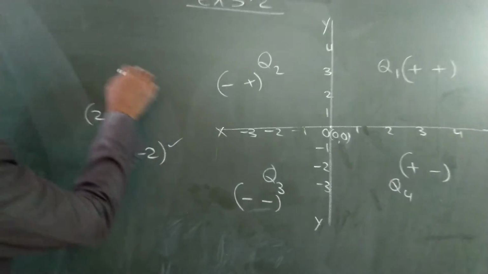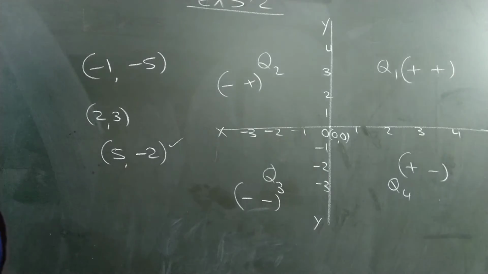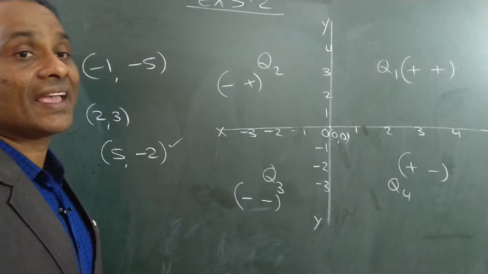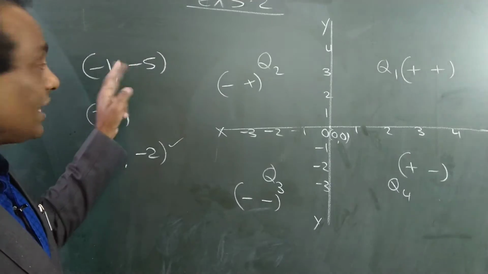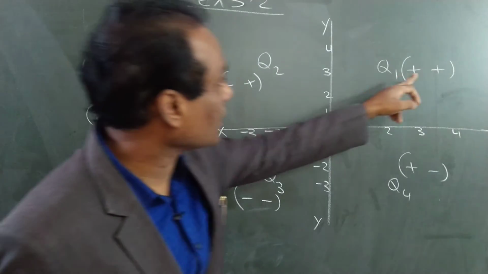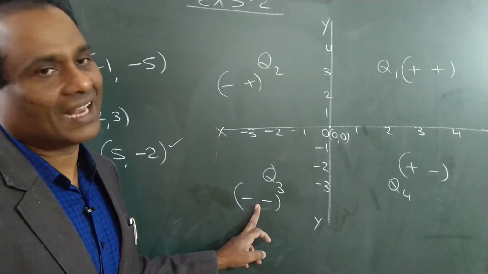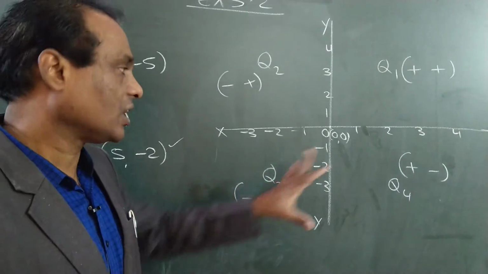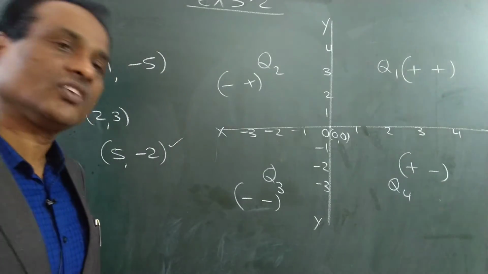Suppose I ask you (minus 1, minus 5), where does it lie? In which quadrant? X is negative, y is negative. Both are negative. Like this. So now if a point is given, you can tell where it lies.